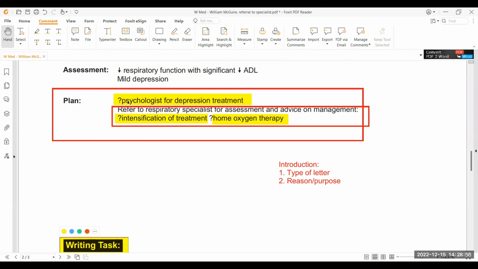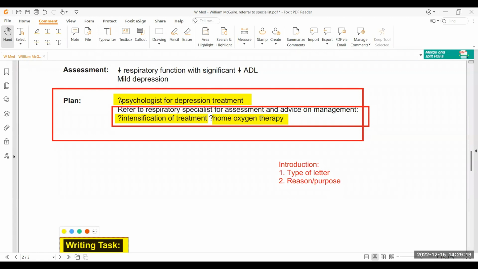This first line here, which is about psychologists for depression treatment, would not be directly relevant to the respiratory physician because this would be outside the scope of specialization. It's possible that this is your plan because aside from showing some respiratory problems, your patient may also be experiencing some depression.